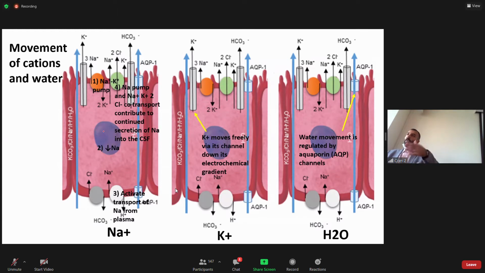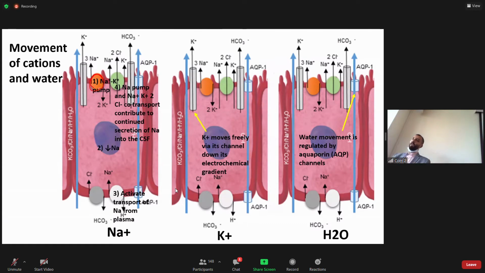So we have channels and transporters on the apical as well as on the blood-facing side. For example, with the movement of sodium, we know that we have sodium potassium ATPase channels on the apical side, which pump sodium to the ventricular system and recruit potassium to the ependymal cell.